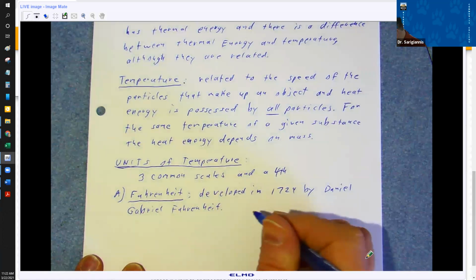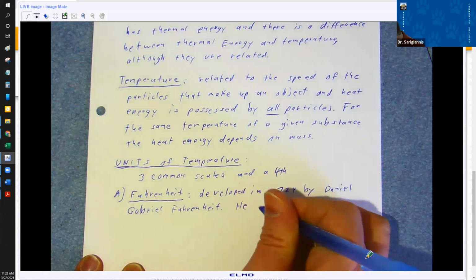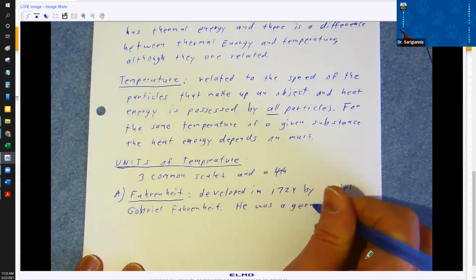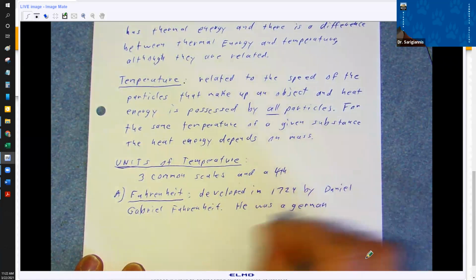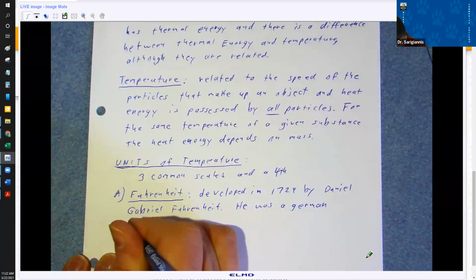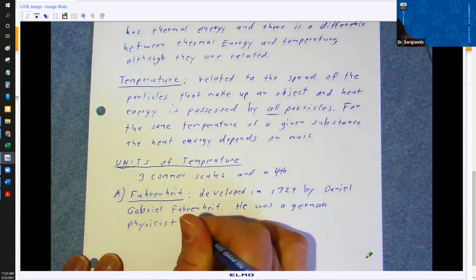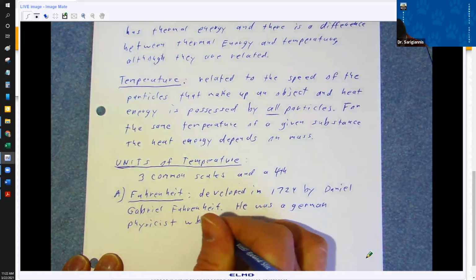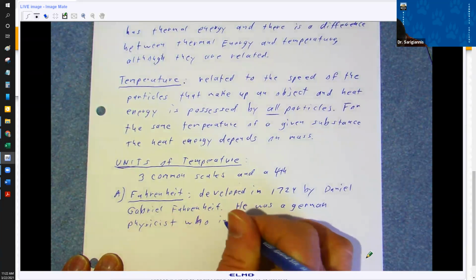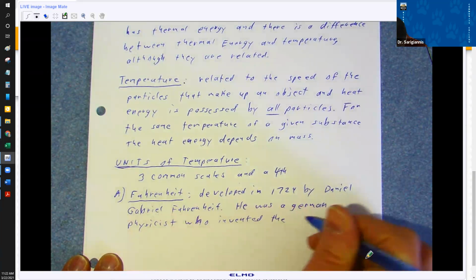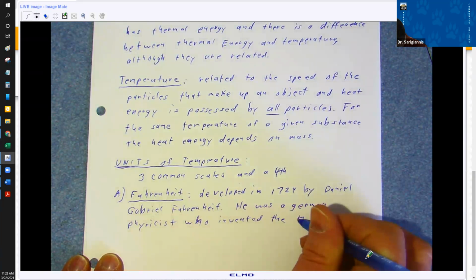He was a German physicist. I should have capitalized German. German physicist who invented the mercury thermometer.